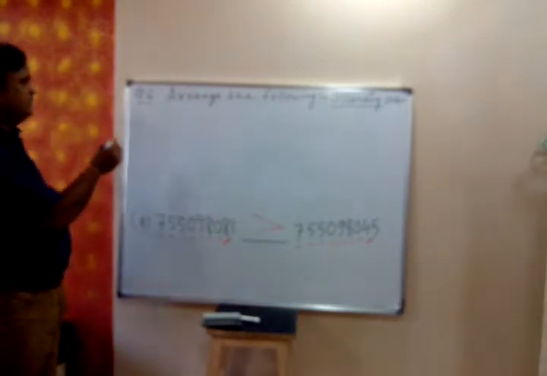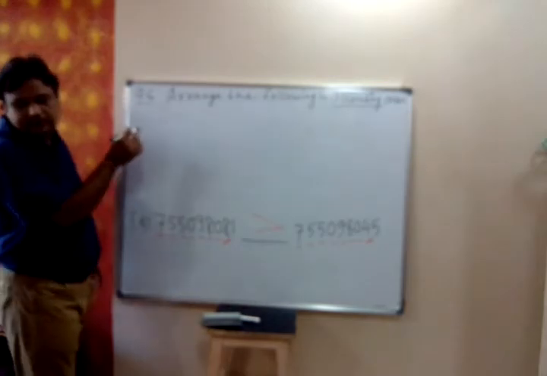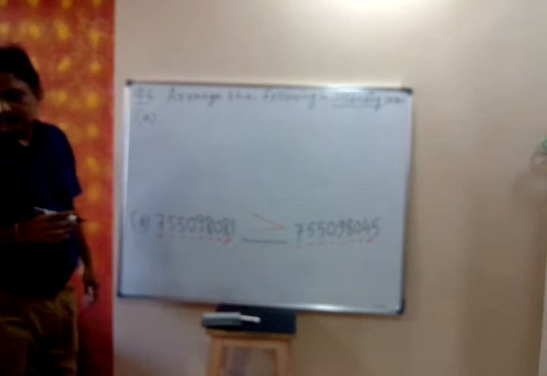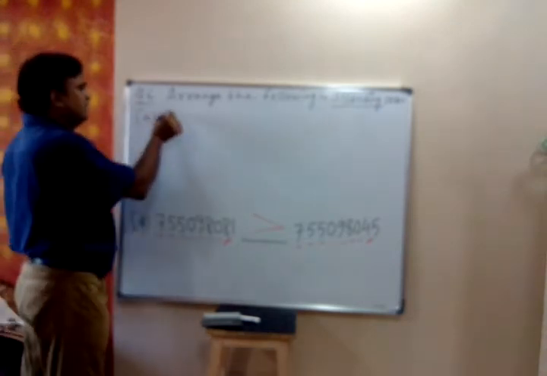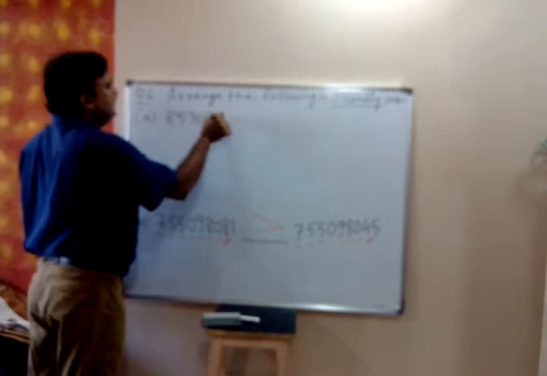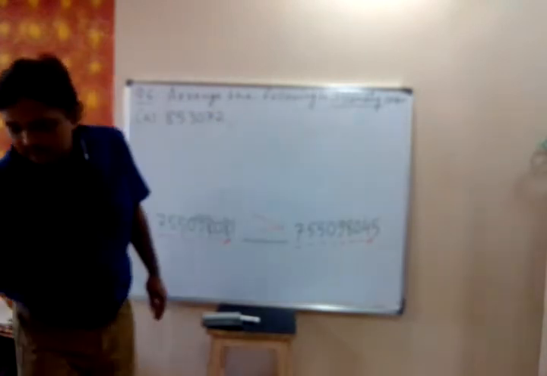So now 6A. The numbers are 853072. The next is 937258.